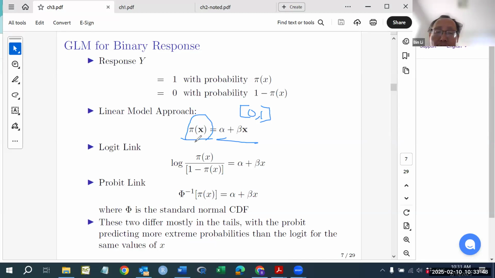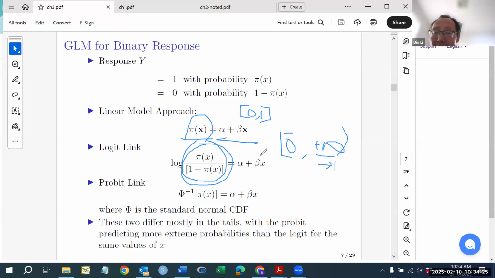Okay, so using the log odds, that's the logit link, we can solve this problem. What is the range for the odds? The smallest we can take is 0, when pi(x) is 0. But the upper bound goes to infinity, and that happens when pi(x) converges to 1.